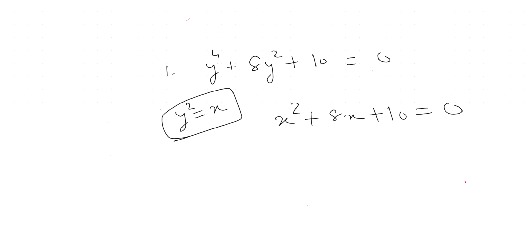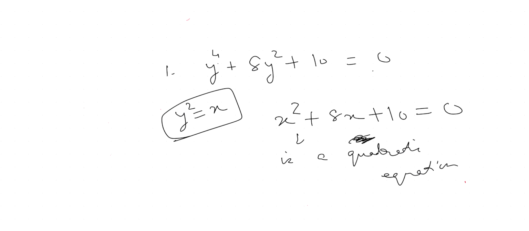Now this is a quadratic equation, which means whatever we have learned about quadratic equations, about splitting the middle term, the constant term, or finding the zeros, all of that should hold true.